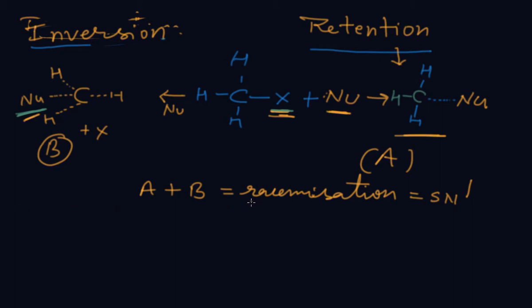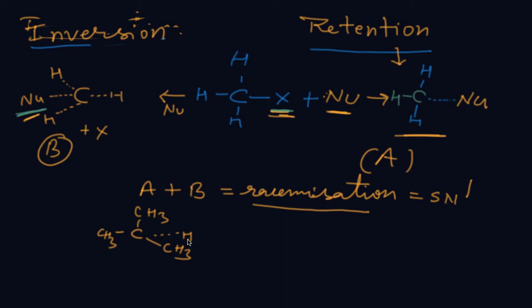Why does racemization happen? Take CH3, CH3, CH3, which are symmetric, and this H, due to the planar shape.